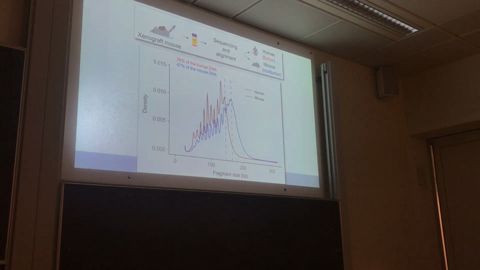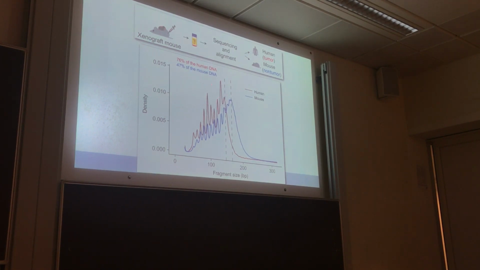To do this, they started with xenograft mice, which are mice with human tumors implanted in them. They tried to see if they could find differences between the reads that map to the mouse genome and the reads that map to the human genome. And the nice thing here is that you know that the human reads are definitely from the tumor, from growing cells.